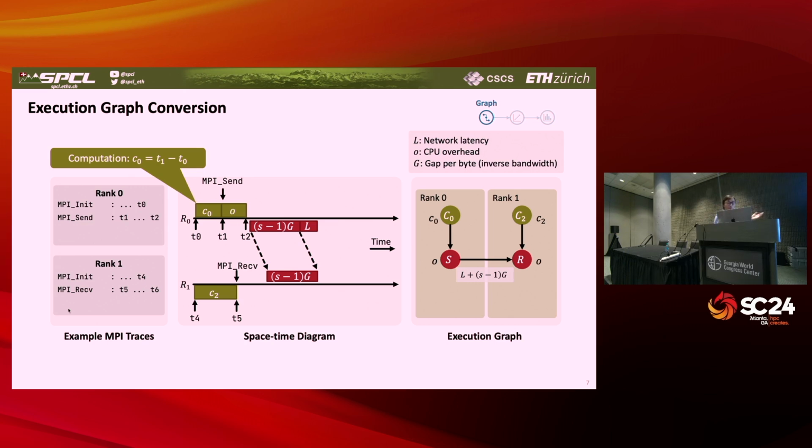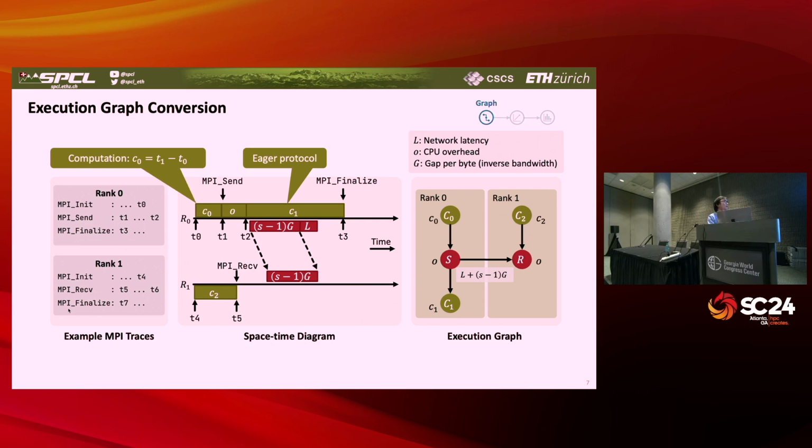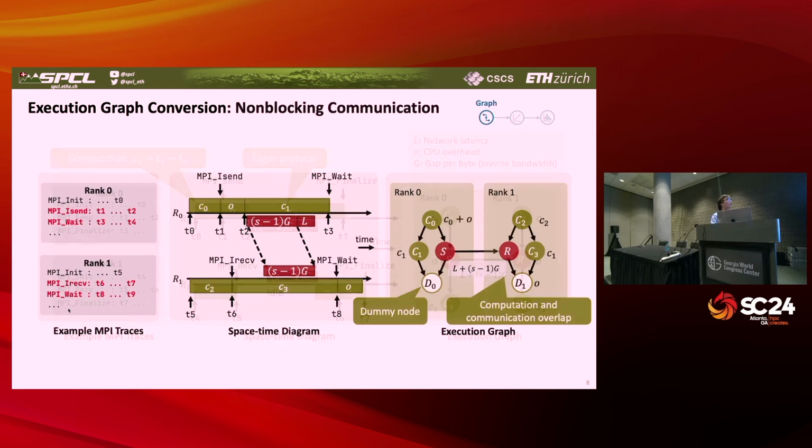According to the aforementioned LogGP model, it's going to be L plus (s minus 1) times G. And in the end, we perform MPI_Finalize that has a timestamp T3, and we add another vertex, assuming an eager protocol is used, of course. We also perform MPI_Finalize on rank 1, and we add another compute vertex to the end. So this is how we convert traces into execution graphs for synchronous communication.